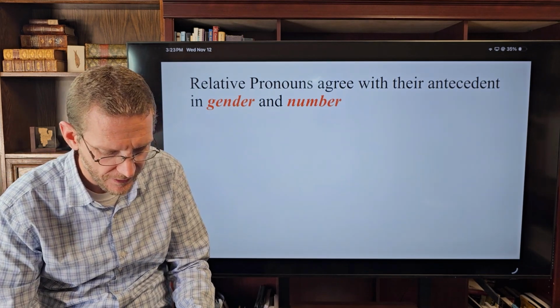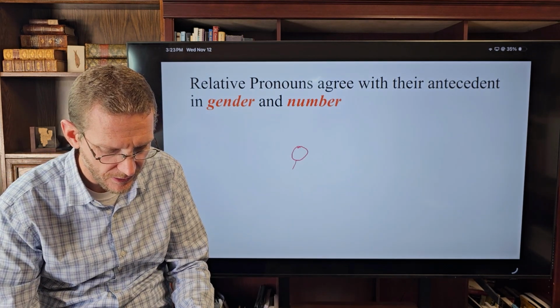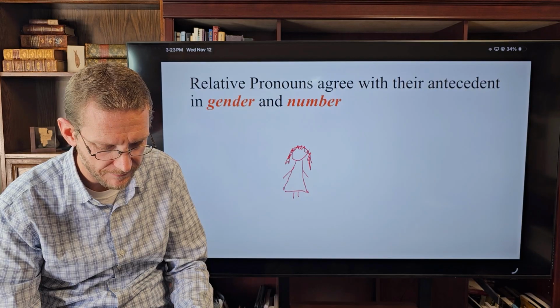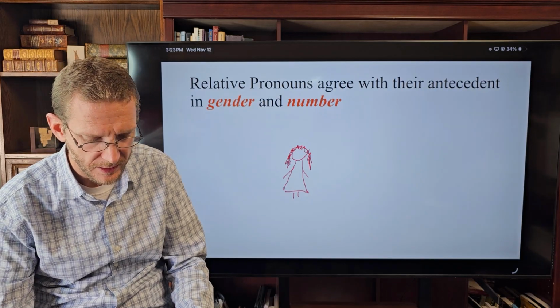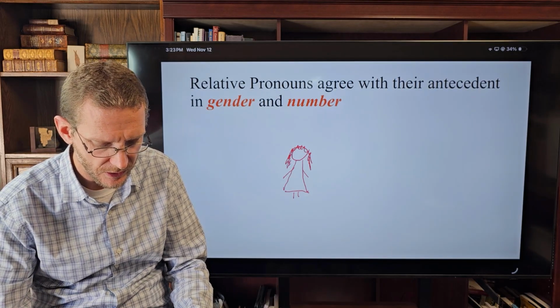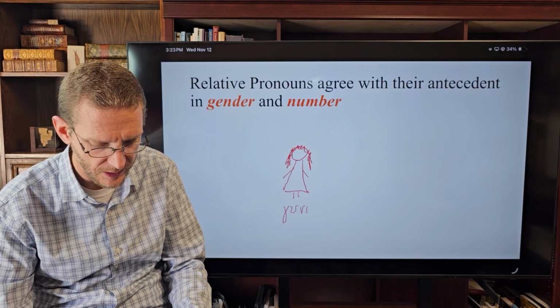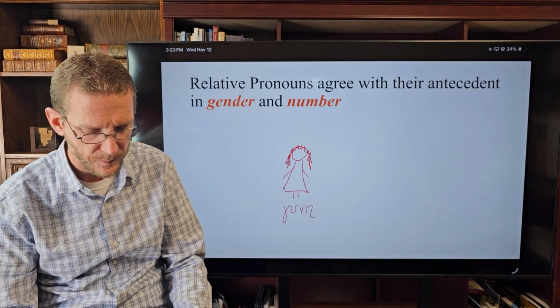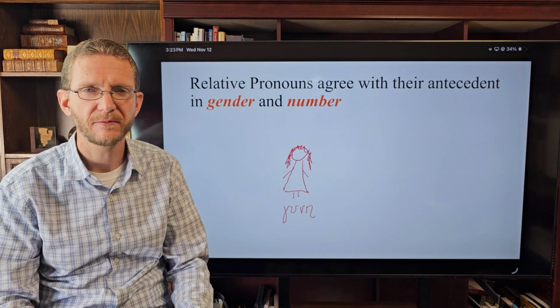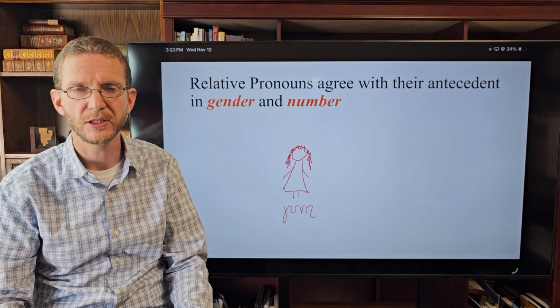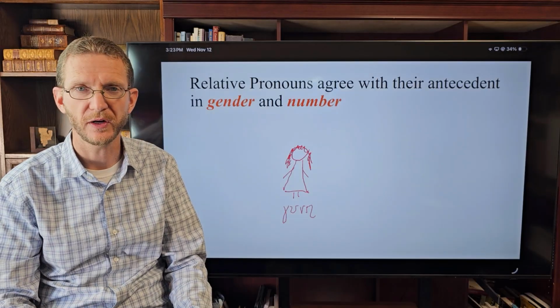So if we have, let's say here, this lady, the word for a woman in Greek is gune. And that does come from the same root as the gen root, which we get our word Genesis from.